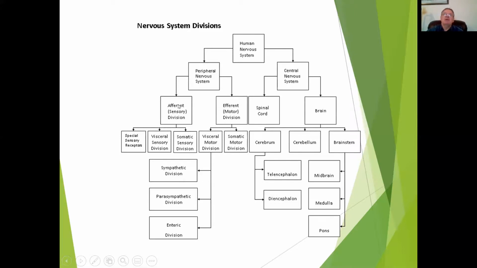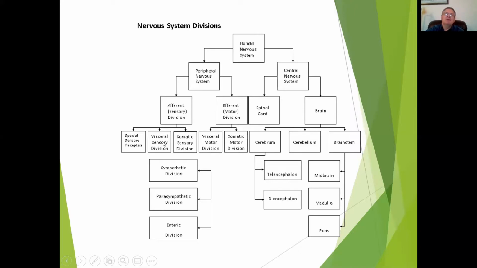And then you have the afferent input division, which is the somatic sensory. So that's all the senses on your skin, whether it's for hot, cold receptors, or pain, or touch, things like that. And also there are receptors in your muscles, your muscle spindles, things like that, and in your joints as well.